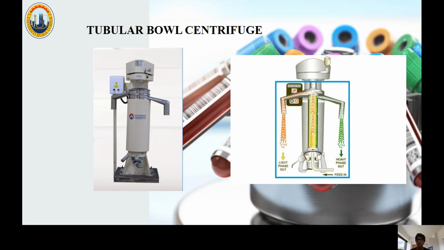We can see the yellow liquid at the middle of the centrifuge is the liquid mixture, which will enter the centrifuge from the nozzle at the bottom of the centrifuge. Then we can see the green liquid and the orange liquid separated, in which the green liquid is the heavy liquid and the orange liquid is the light liquid.